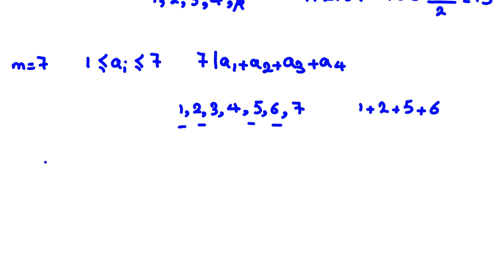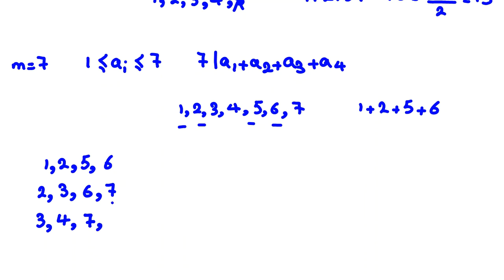Now I want to say what? I say, okay, suppose we have 1, 2, 5, 6. I want to use cyclic addition here. So it will be 2, 3, 6, 7. The next one will be 3, 4, 7. 7 plus 1, we don't have 8, it will be 1 again.